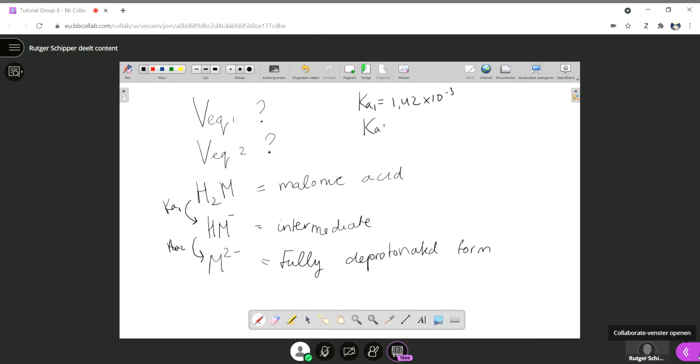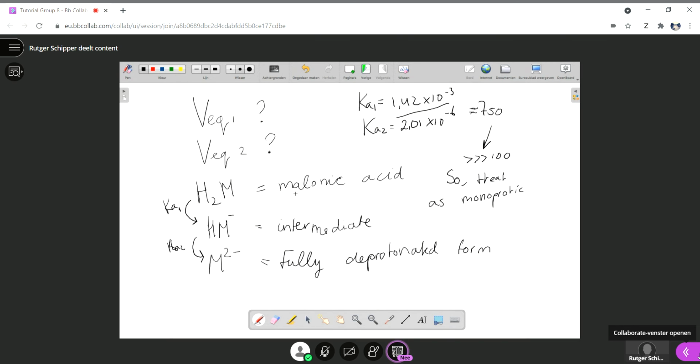The second one is, so you can already see it's about 1,000 times larger. And if we actually divide them by each other, we get as an answer somewhere around 700 or so, 750. So this is obviously a lot larger than 100. So treat as monoprotic.